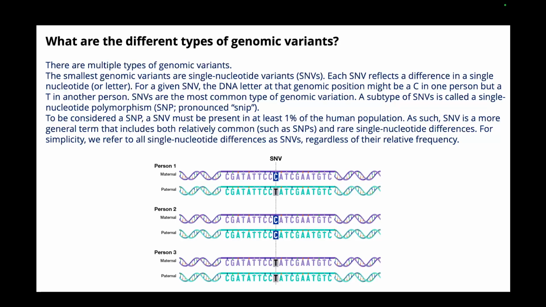So you have to remember that the reference is not always perfect. These variants might be variants in the context of a reference, but if you sequence 10 more individuals of the same ethnicity or the same ancestry, you'll find that all 10 of them have the same variation. So in the context of the genome of those individuals, who have a separate ancestry compared to the reference, those are not variants.